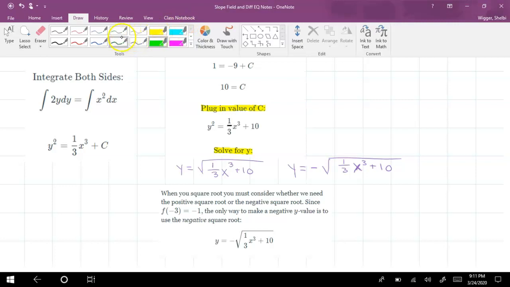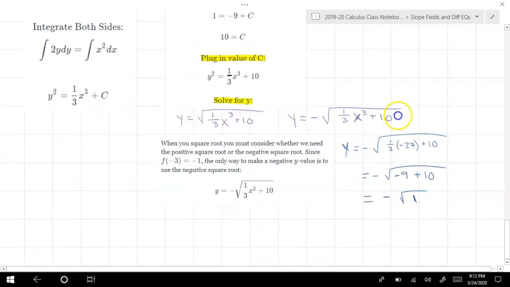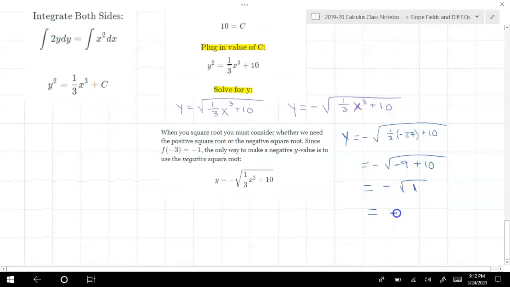So if I sub in negative 3 for x, I get 1/3 times negative 27 plus 10, so I have negative square root, negative 27 divided by 3 is negative 9 plus 10, so negative times the square root of 1, the square root of 1 is 1, so negative times 1 is negative 1.